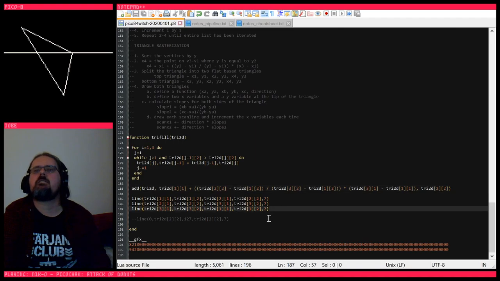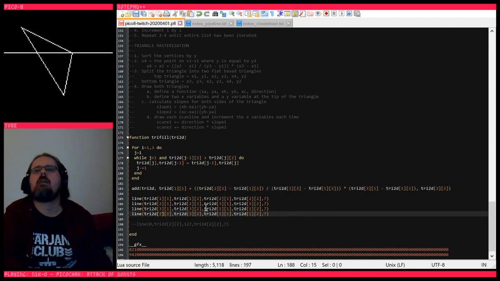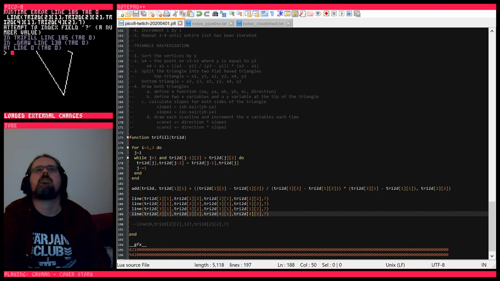So let's see if we did that correctly. Now we should draw a line from vertex 2 to vertex 4, and that should cut the triangle into two flat-based triangles. I tend to index them. Okay.